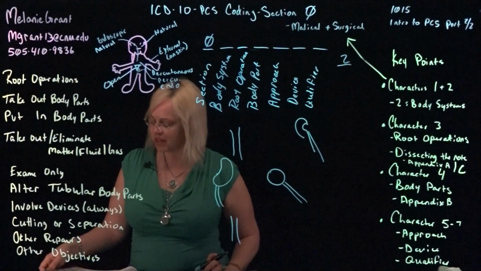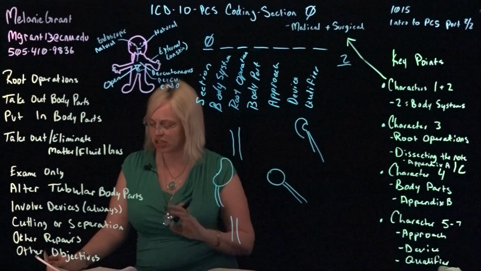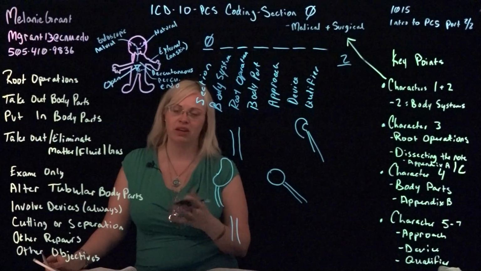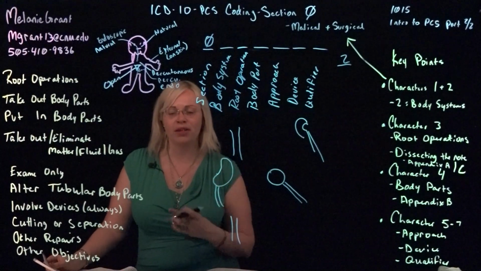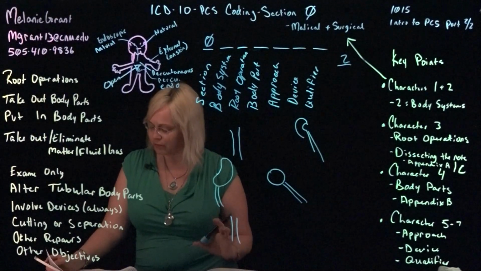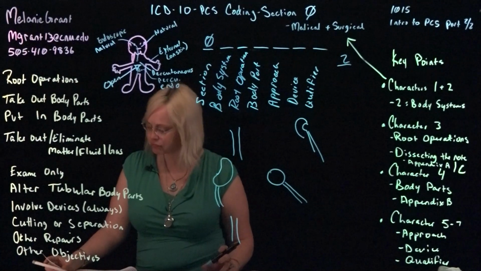And the difference you want to make sure you identify: when we change a device, this is exchanging a device without cutting or puncturing the patient's skin. So they already have a device that's in, and we're either taking it out and putting a new one in, or we might be revising it, correcting a malfunction.